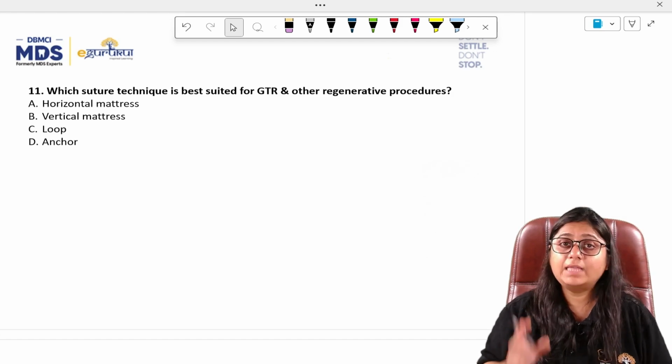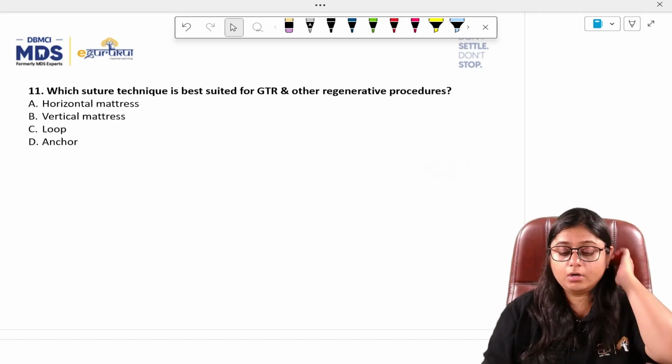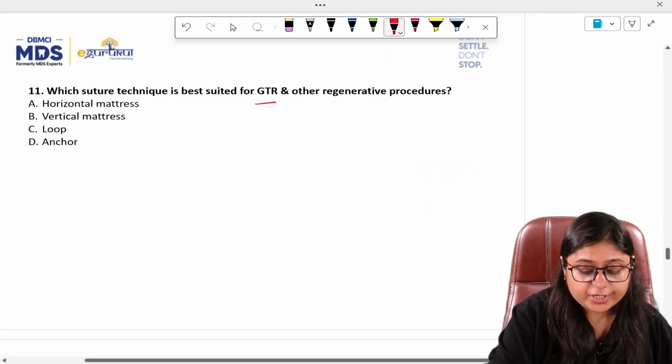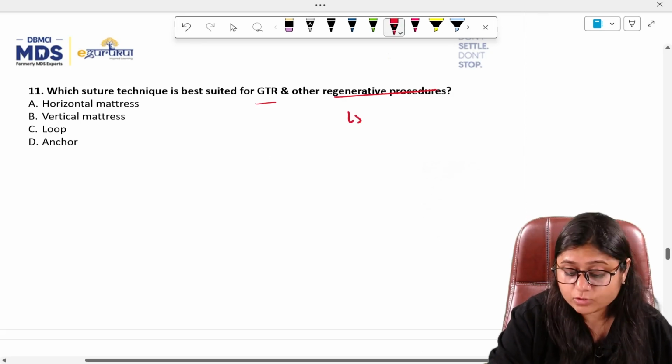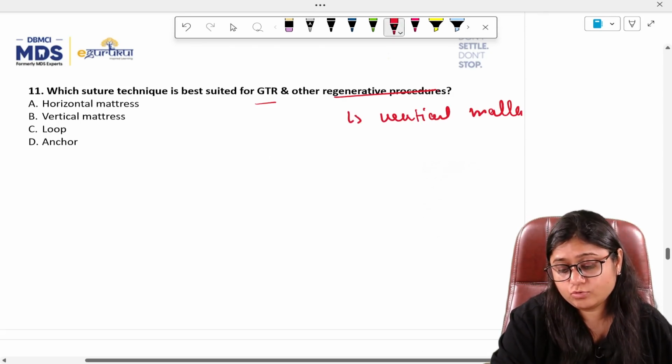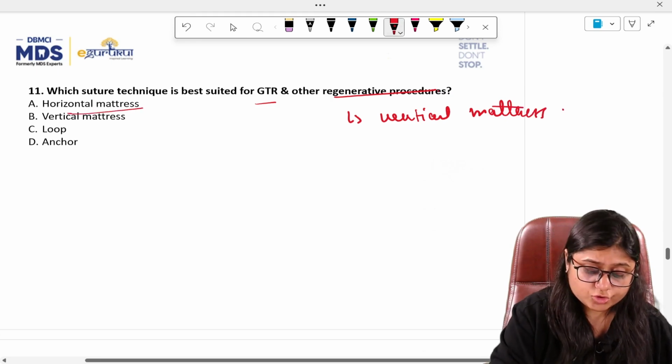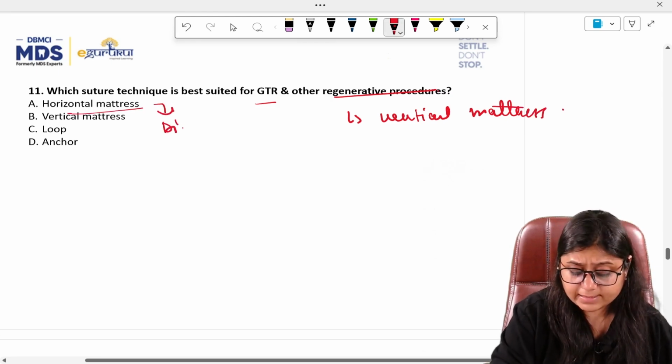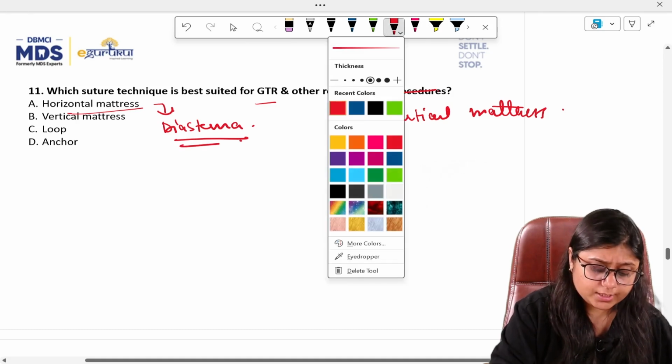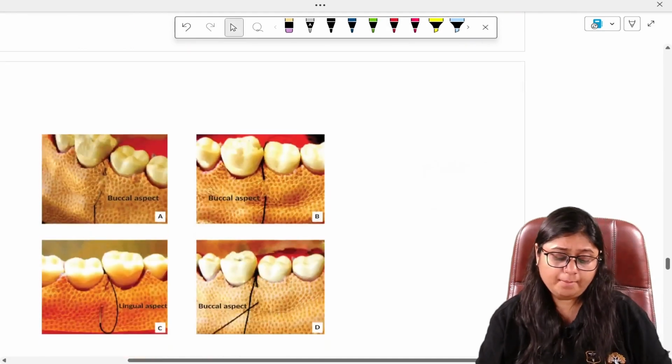You must know that the best suture for GTR and regenerative procedures is the vertical mattress suture, and horizontal mattress suture is used in cases of diastema. So the answer to this question is B, vertical mattress suture.